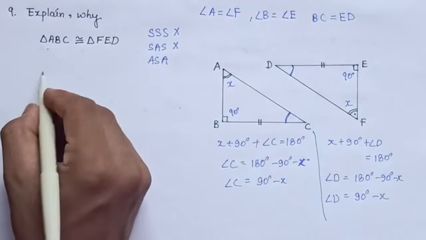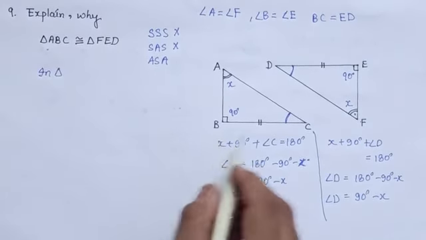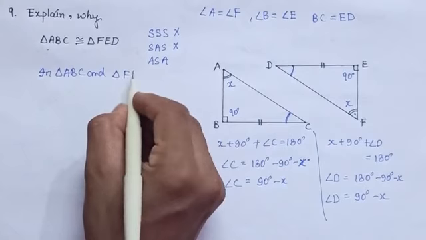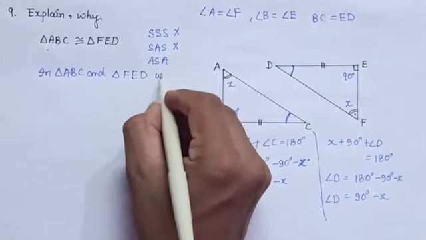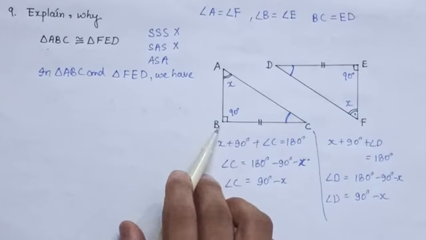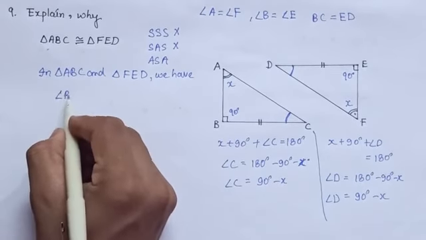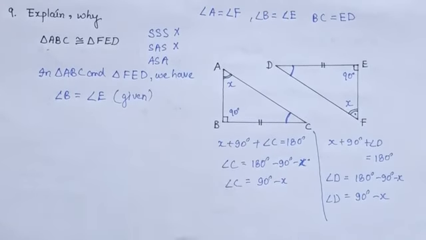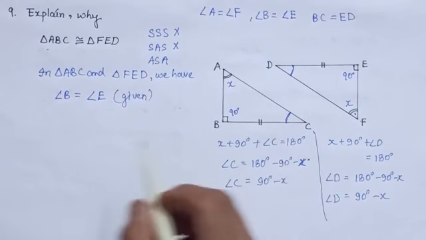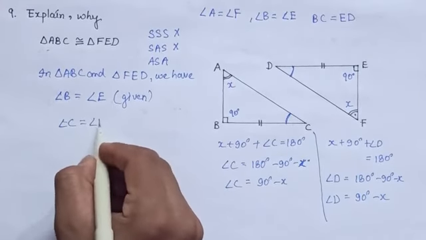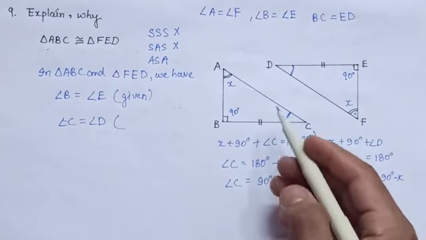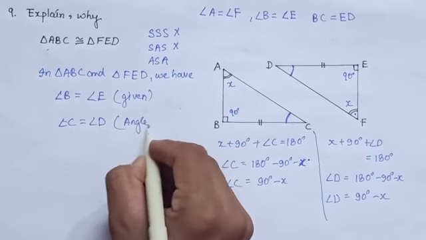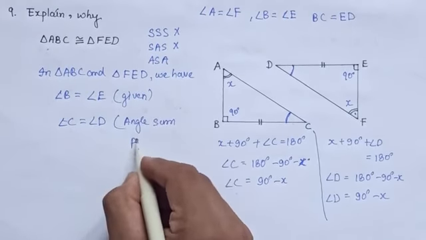So we can write in triangle ABC and triangle FED, we have angle B equals angle E, given. Angle C equals angle D. Here we have calculated that the angle C is equal to angle D by angle sum property.